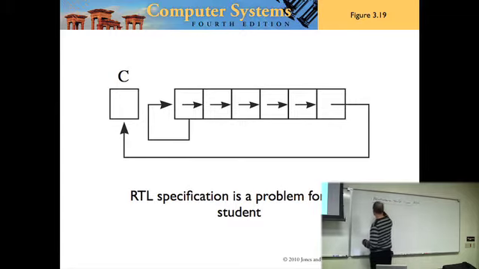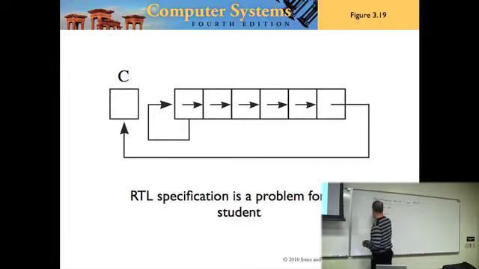So let's do an example again with a 5-bit cell. Oh, and by the way, the RTL specification is a problem for the student. Based on that picture, let's say we have 0, 1, 1, 0, 0. 1, 2, 3, 4, 5.